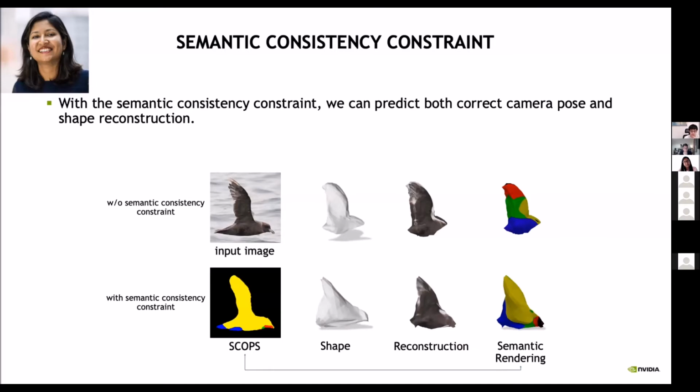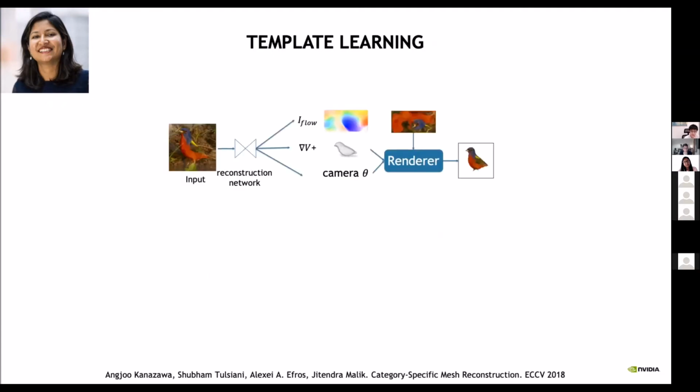But by adding the semantic consistency constraint, the camera viewpoint and the shape can both be corrected, and the semantic part label on the reconstruction will be consistent with the other instances from the category. So that's the semantic consistency constraint that we introduce in this work, which allows us to reduce ambiguity if we don't have camera viewpoint supervision.